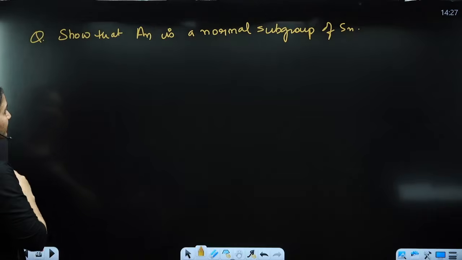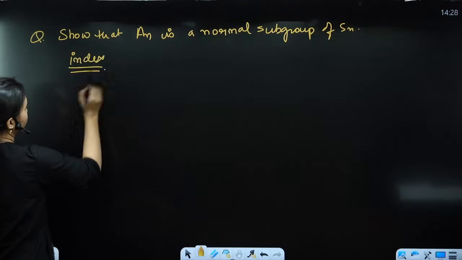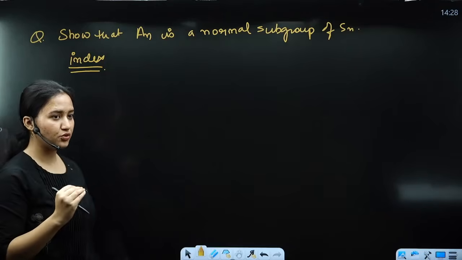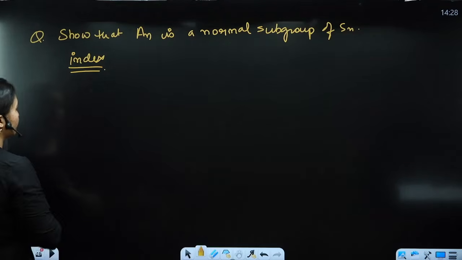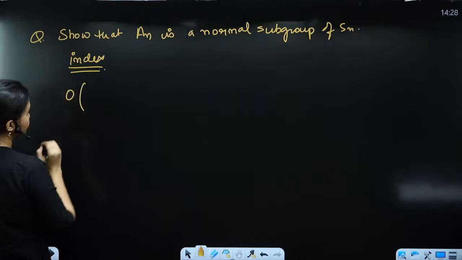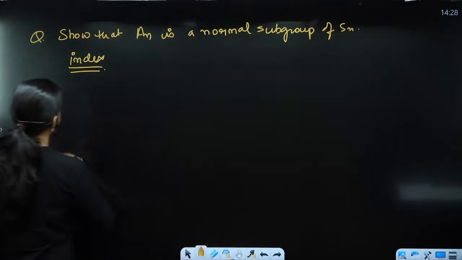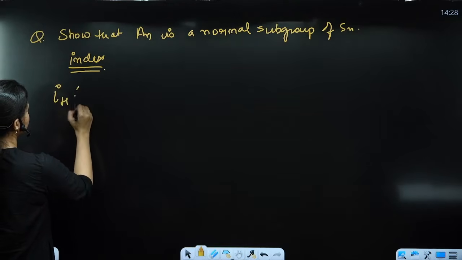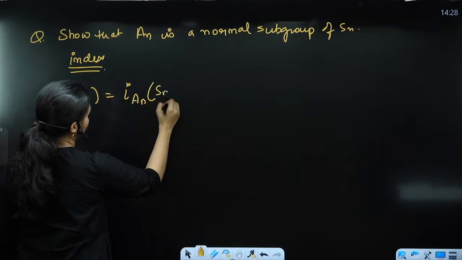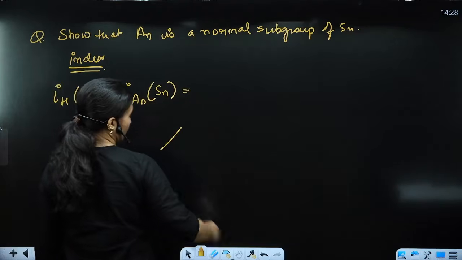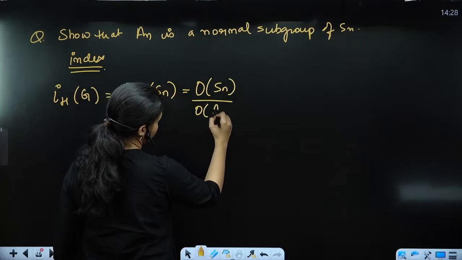We can show that with the help of index. Why? Because we know that a subgroup of index 2 is always a normal subgroup, right? So from here, the index of H with respect to G, that is the index of AN with respect to SN, equals the order of SN upon the order of AN.